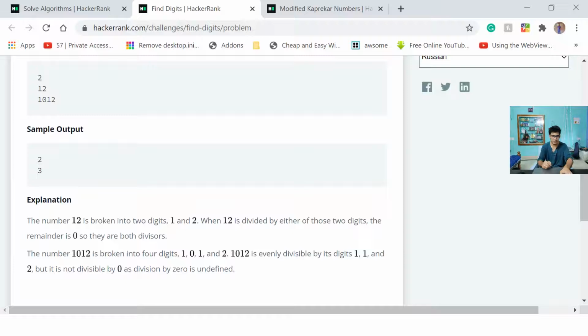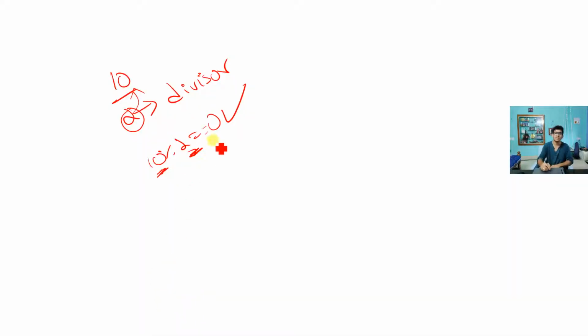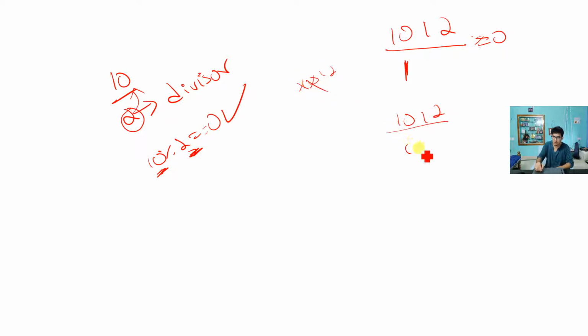Let's see how, right? What I'll do is, I'll go back here and write the number 1012. Out of this 1012, we have to check the individual digits. 1012 by 1. Can it divide? Is the remainder 0? Can it divide completely? Yes, remainder is 0. Then for 1012, the first digit is over. The second digit, 1012 by 0.